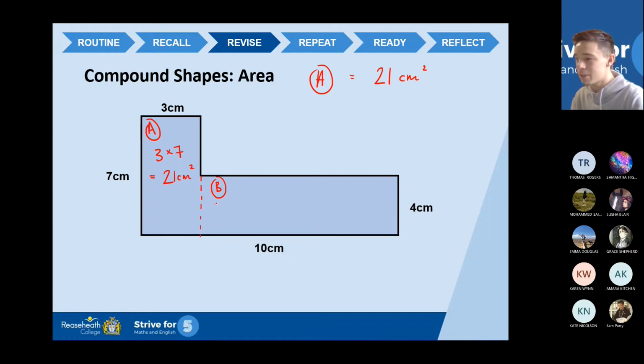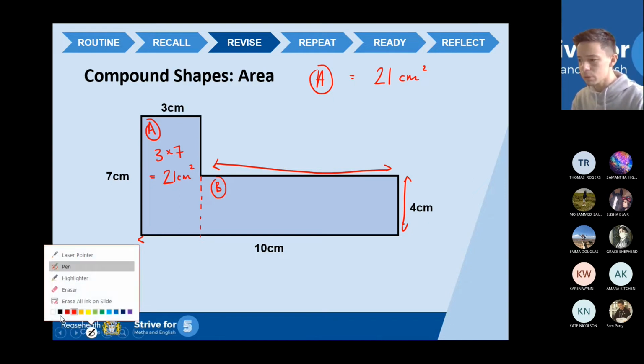Okay, for B, I know the height, but the width across, I don't know. I know all the way across is 10, but I don't know this bit here. So what I need to do is use my problem solving skills to work out this missing length.